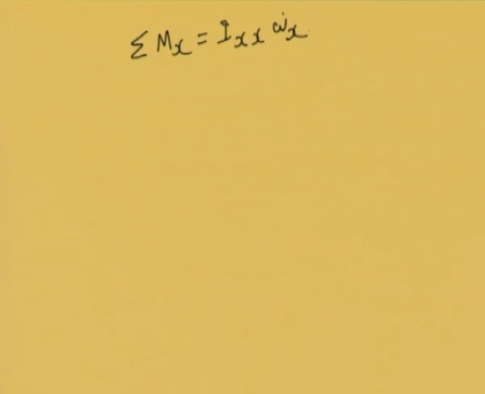Now if the body has components of angular velocity along both the x and y axes, then what happens?